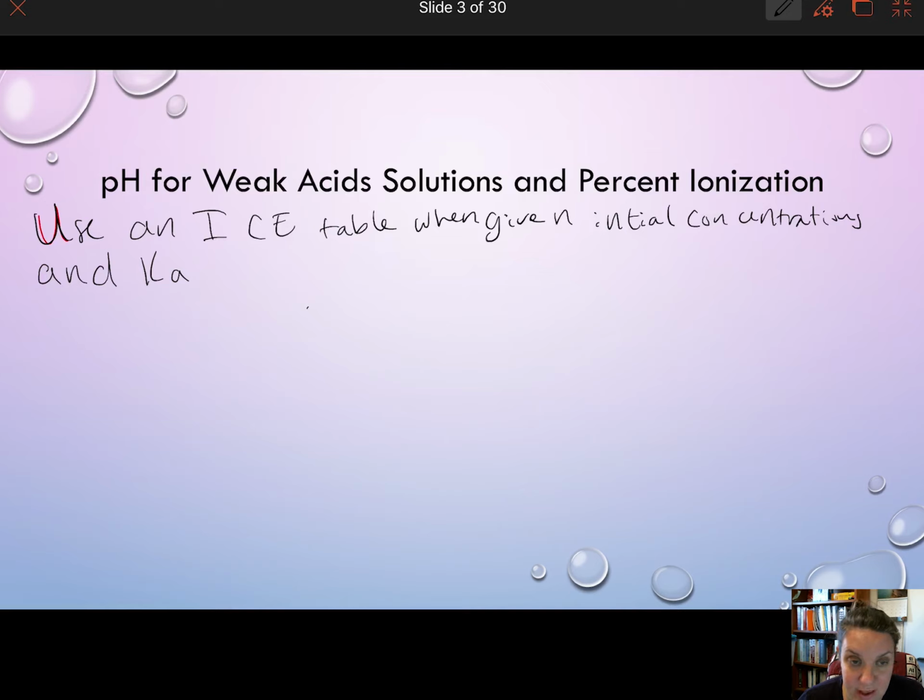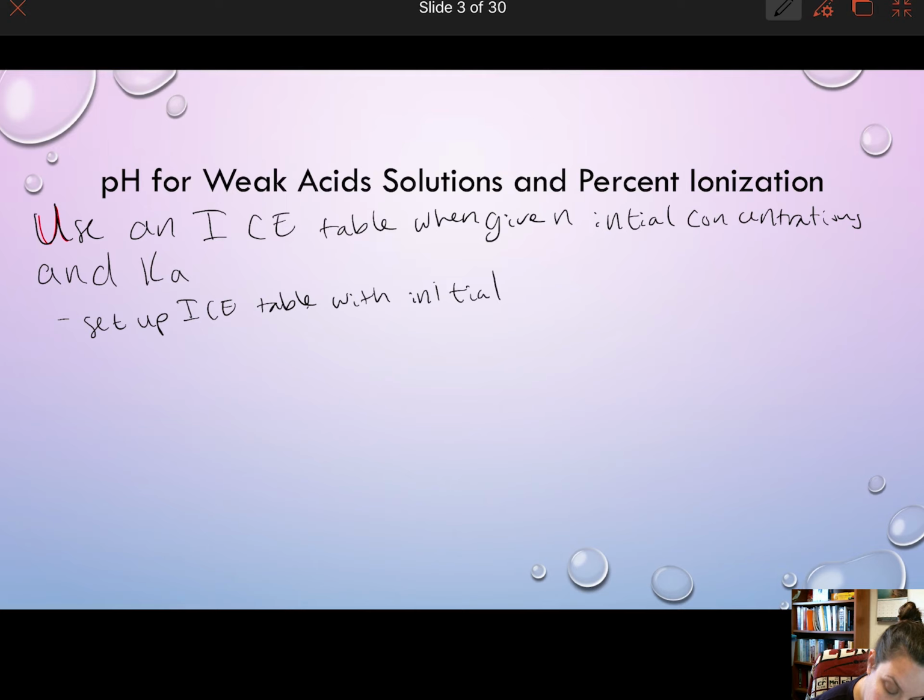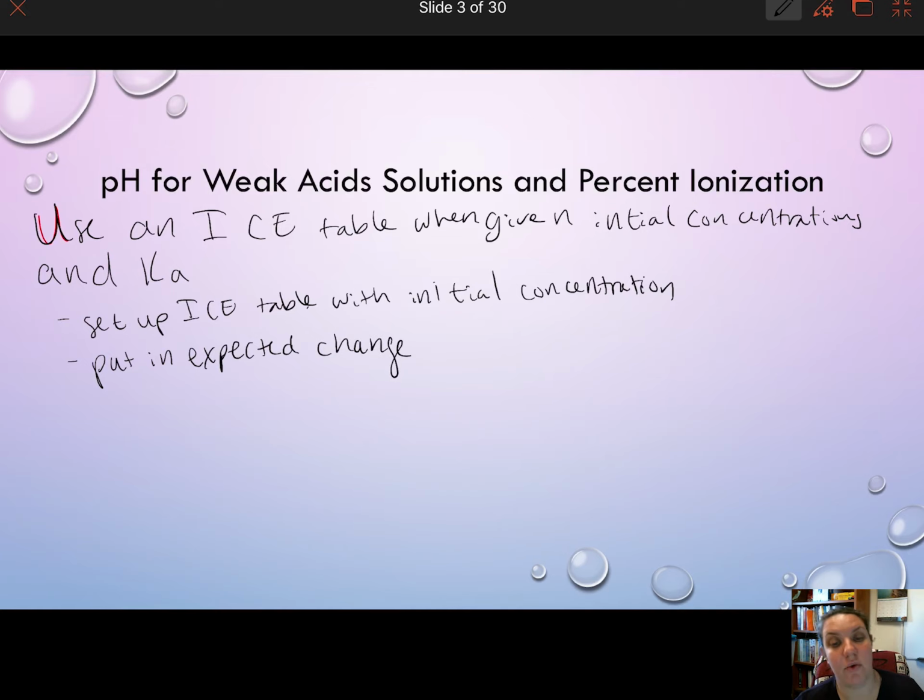Okay, so we're going to set up the ICE table like we did before, putting in our initial concentrations. We're going to put our change that we expect to occur. Then we're going to plug all of our equilibrium values into our K expression.